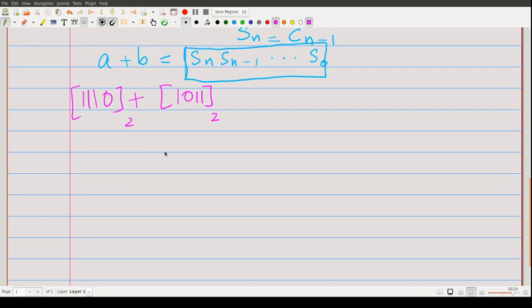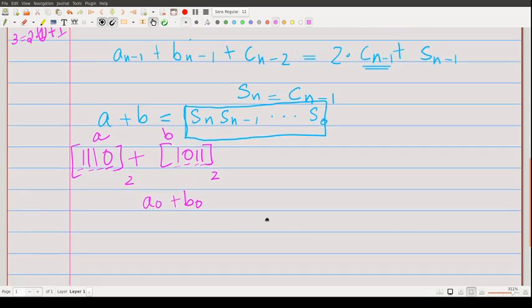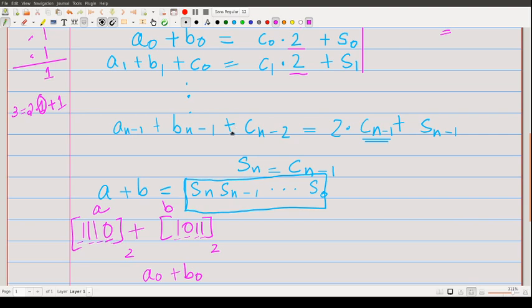So if this is A and this is B, this is the first digit A0, A1, A2, A3. This is B0, B1, B2, B3. So let's suppose we have to do A0 plus B0. That's the first step of the procedure. You take A0 plus B0.